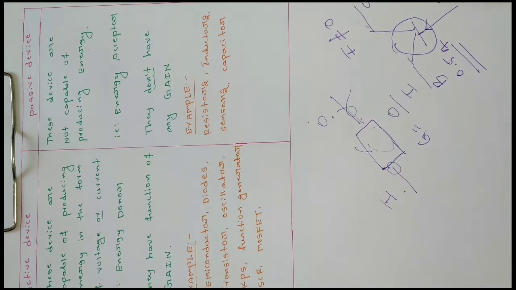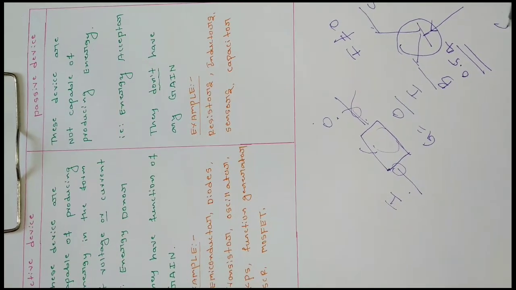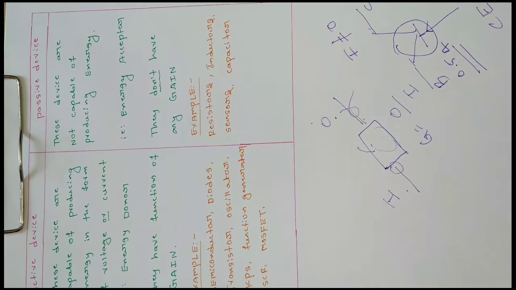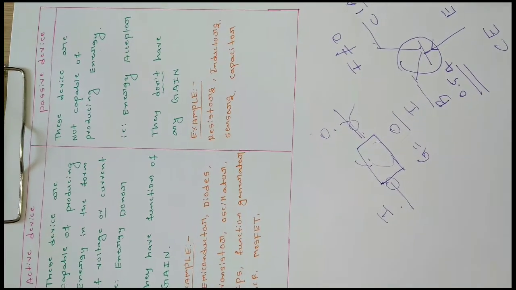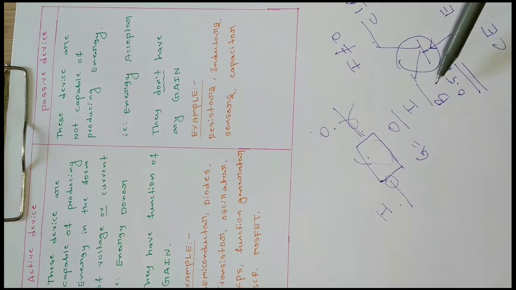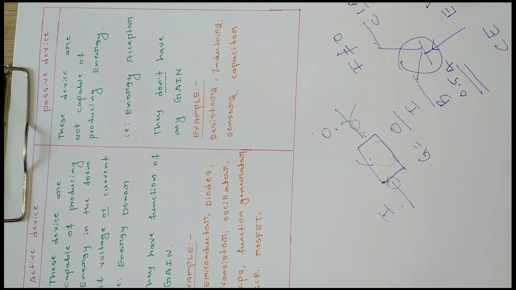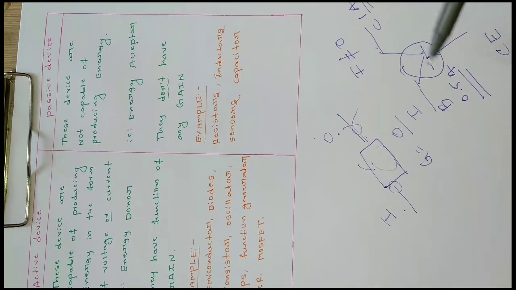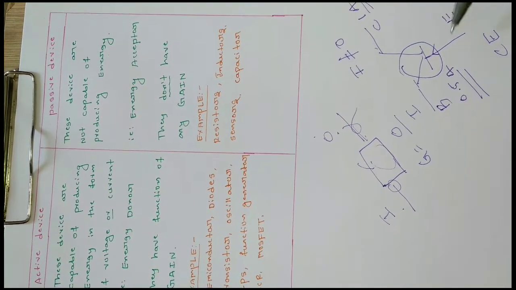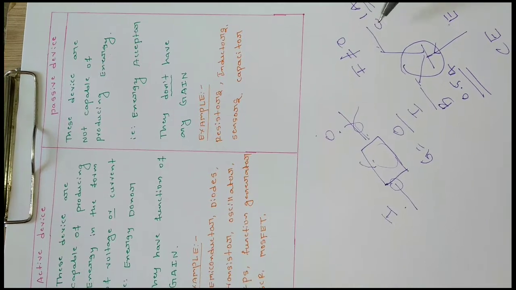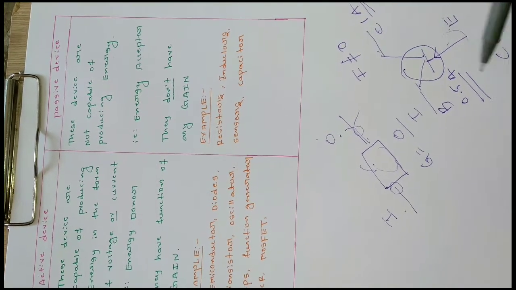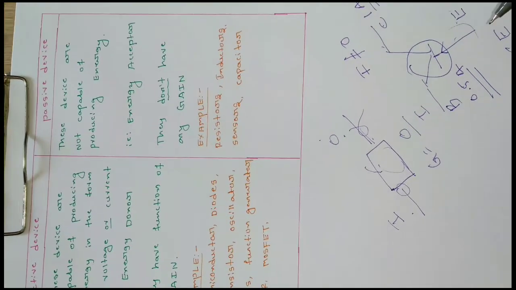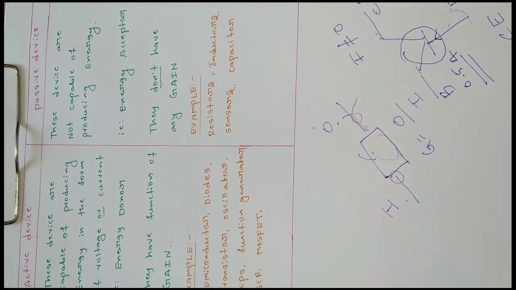In common emitter mode, that is CE mode, which is the popular mode used for a transistor, the emitter is common for taking input as well as for taking output. Input is taken across base and emitter, output is taken across collector and emitter, so the emitter terminal is the same. That's why it is called common emitter configuration.